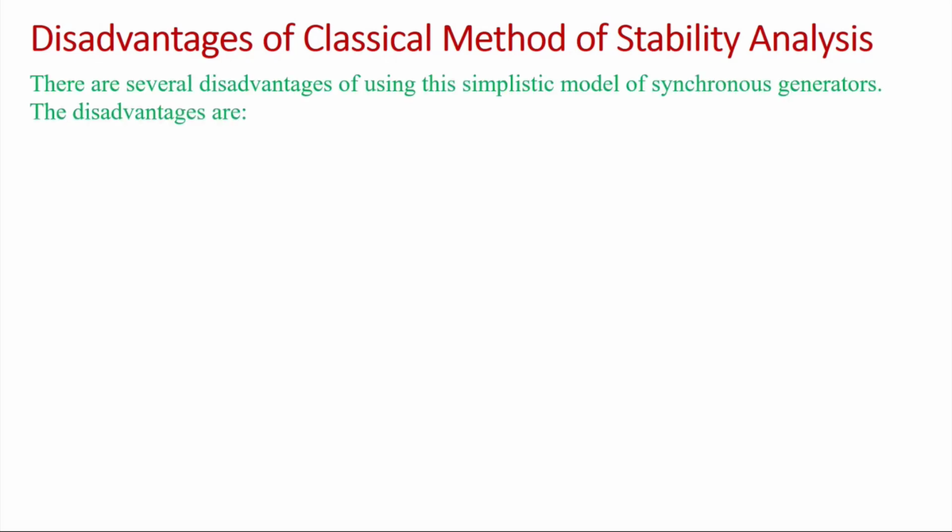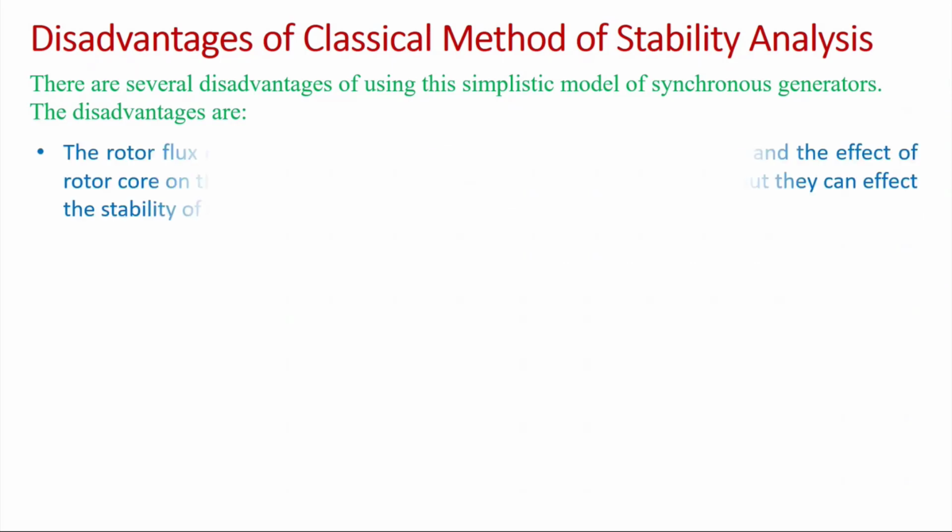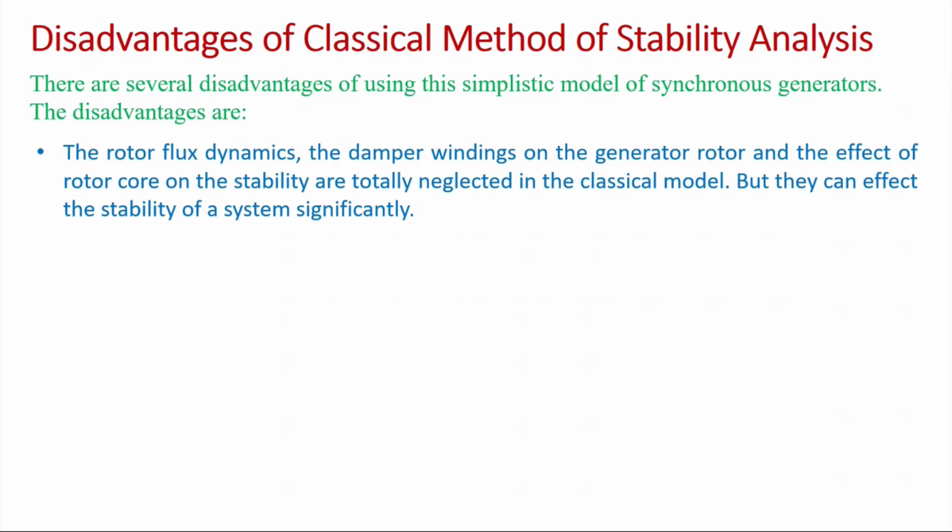Already we know there are several disadvantages because this uses the simplistic model of synchronous generator. So the disadvantages are as follows: the rotor flux dynamics, the damper windings on the generator rotor, and the effect of the rotor core on stability are totally ignored.